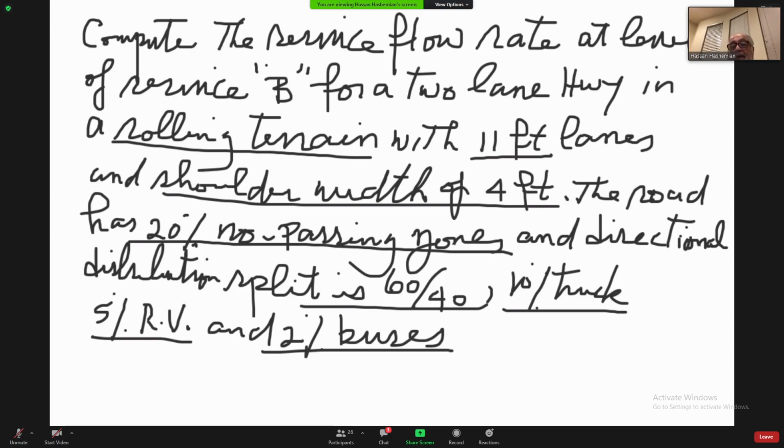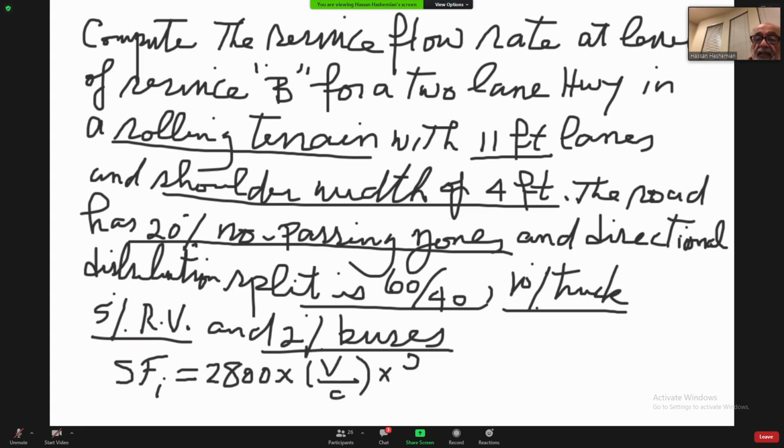Well, how much would that be? Well, the equation of the service flow for any level of service i is equal to 2,800 times V over C, times F sub D, times F sub W, times F sub HV. So this is the equation that we have to pay attention to.